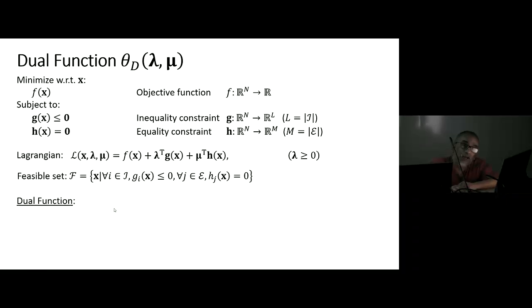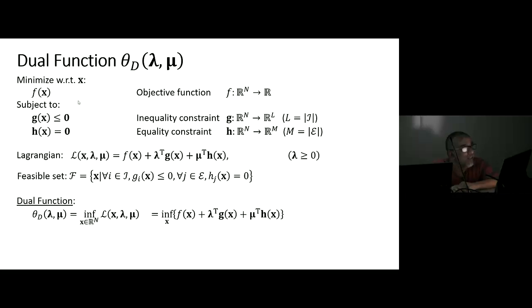Now, the dual function is this. The dual function is a function of the dual variables, lambda and mu. And here, we're taking the infimum of the Lagrangian with respect to the primal. When we were trying to eliminate the duals, we did a maximization. But now we are doing a minimization, same thing as the original constraint optimization problem.